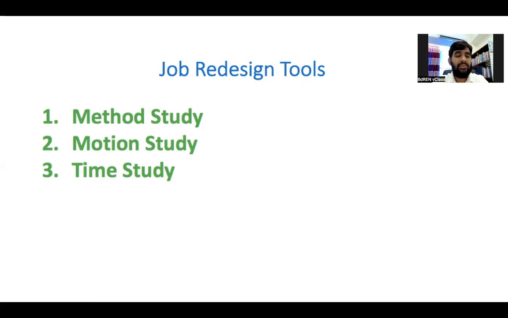They're the contributors of the job redesigning tools. Method study means how you are doing the job. You will study the method. Is there any way or room for improvement in doing your job? Then you will do your job. It is known as the method study.